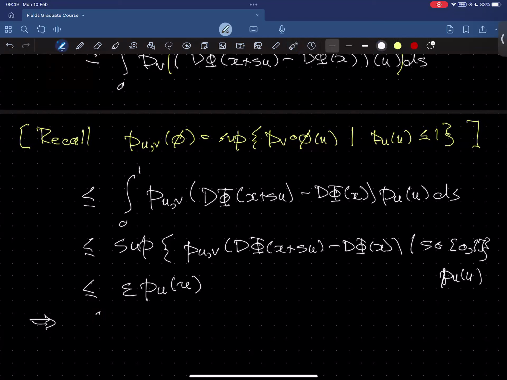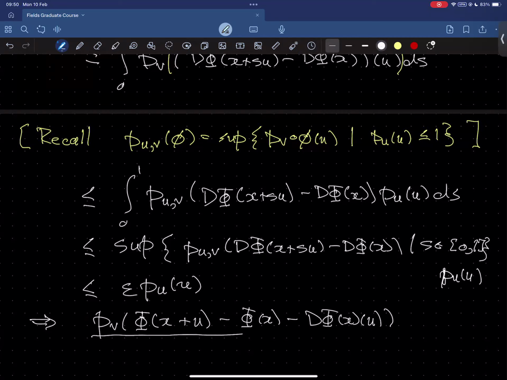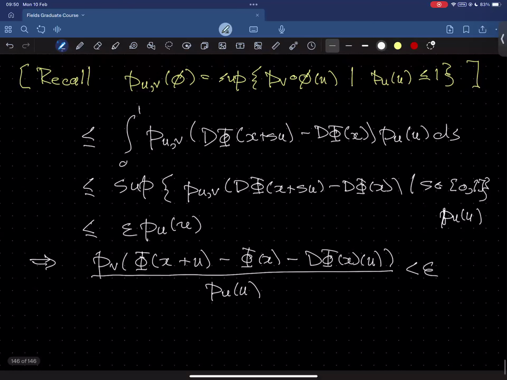So p v of phi of x plus u minus phi of x minus d phi of x of u, divided by p u of u, is less than epsilon, and this is true provided that u is in this neighborhood O prime.